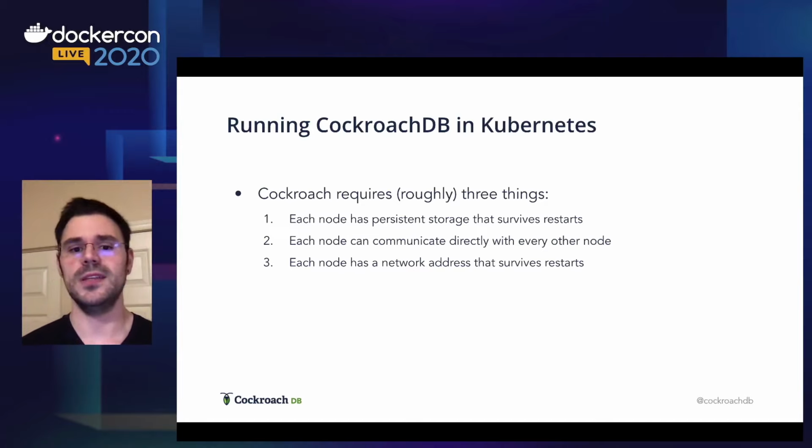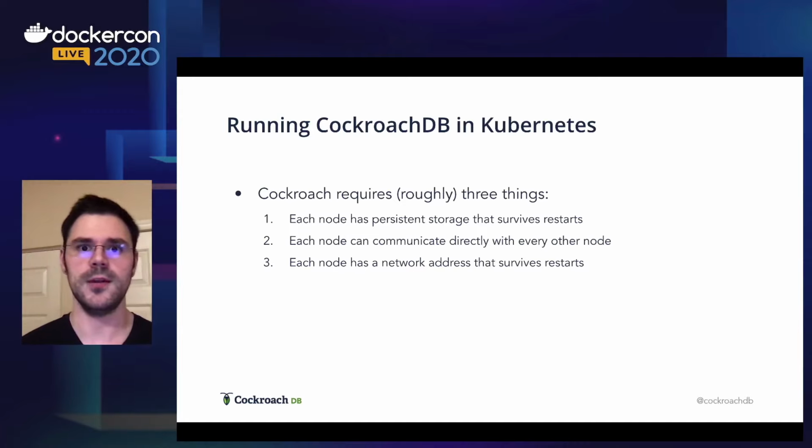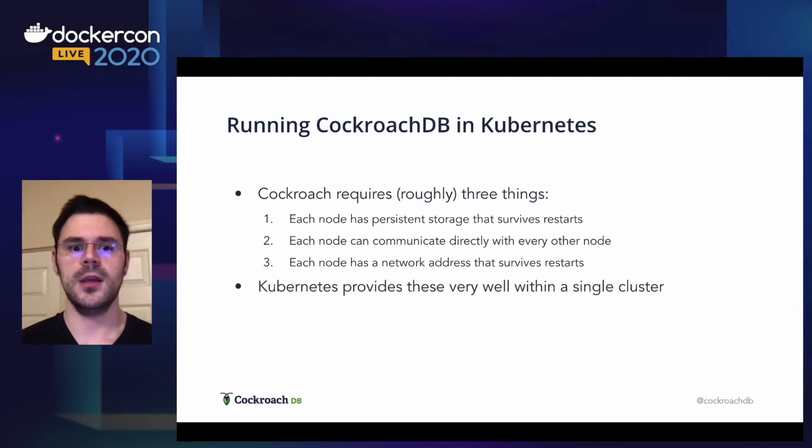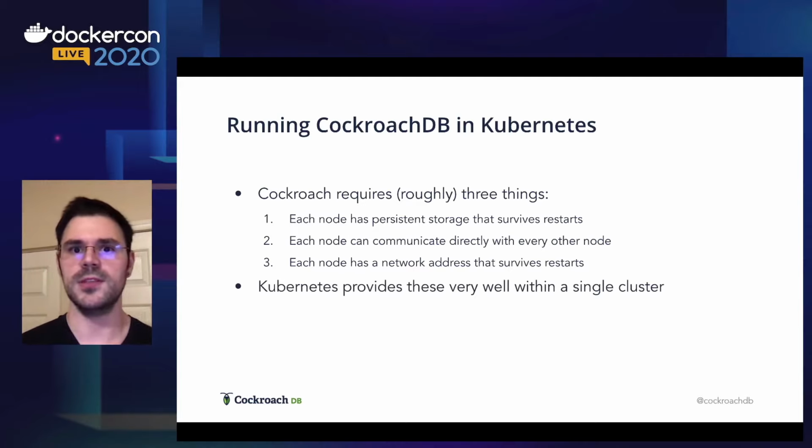And finally, we need a network address for these pods that is going to survive across restarts. This is a pretty loose list, but we're comfortable saying that it applies to the majority of distributed systems out there. When we're running in a single region, these are very easy guarantees to provide. In fact, this is exactly what a StatefulSet provides us with.